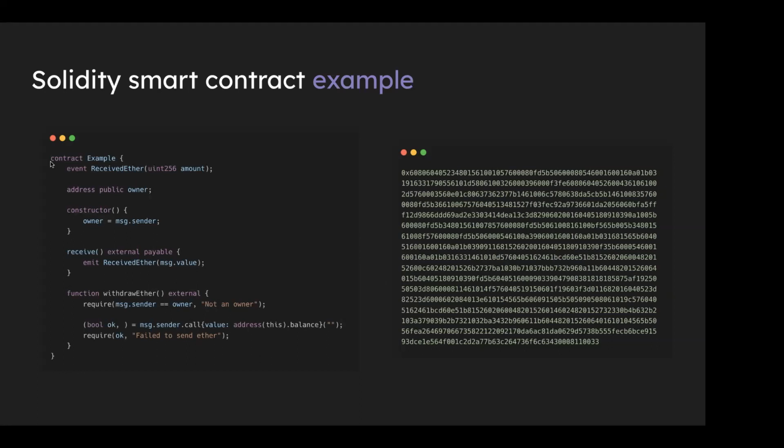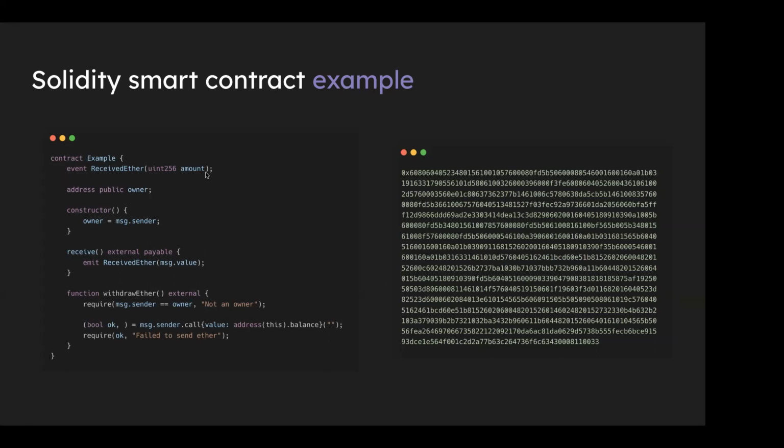So what do we have here? We have the contract name, contract example. Then there is an event defined. The event, if you remember from the previous lecture, we had a data structure called a logs bloom.